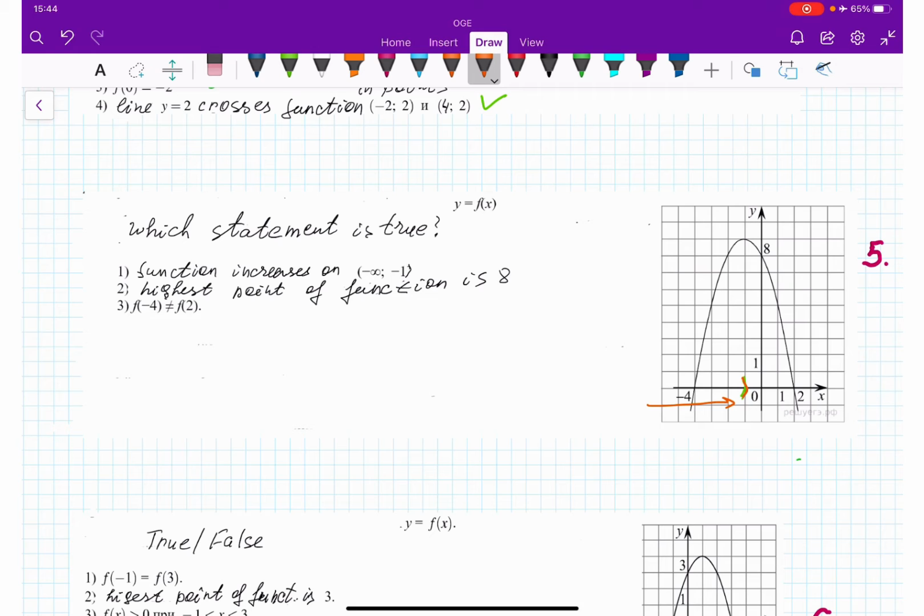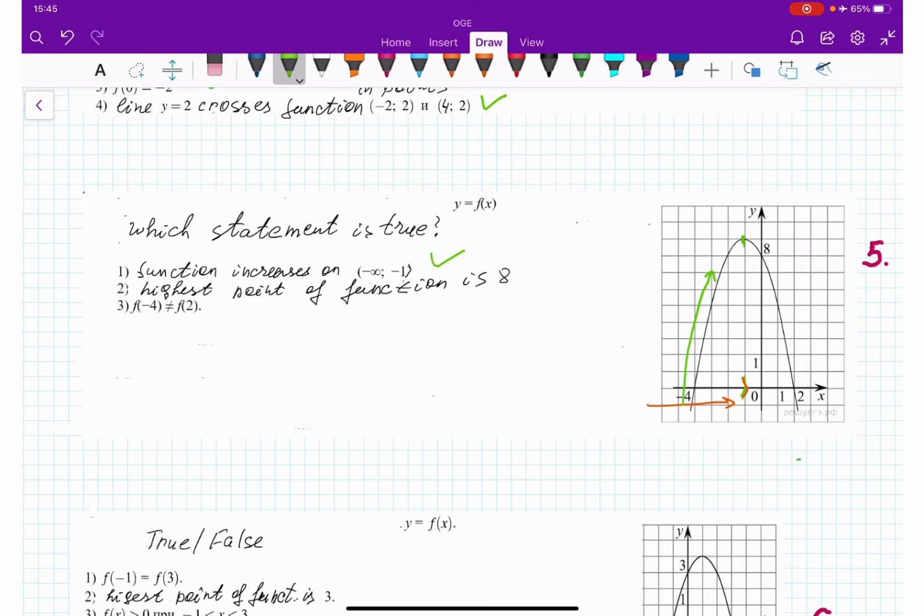Is the function increasing here? Let's see, on this interval. So the graph is going like, indeed, it's increasing all the way to negative 1. Okay, check mark, positive.